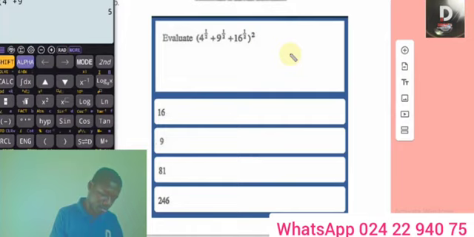Alright. Plus 16 power half. Plus 16 also power half, fraction half. Okay, close your brackets. All power 2. So power 2. So you can check if you have inserted the right data. The answer is 81.